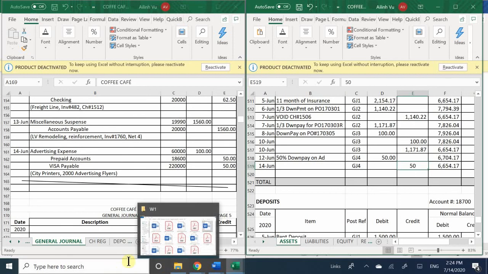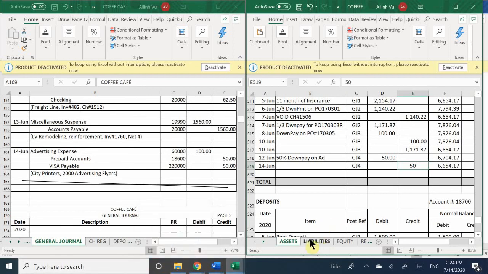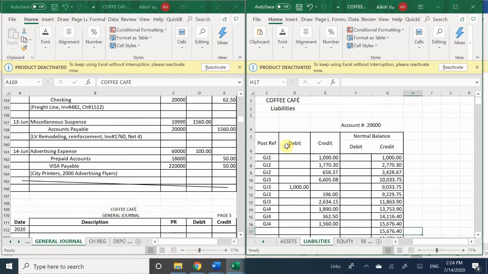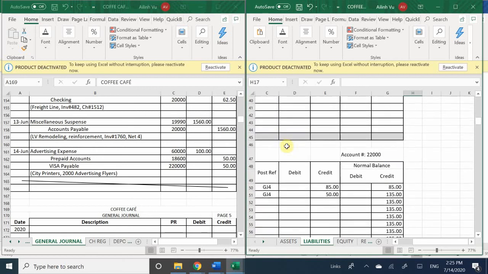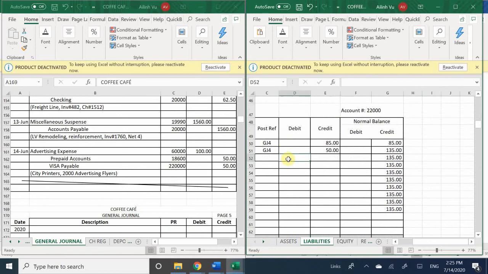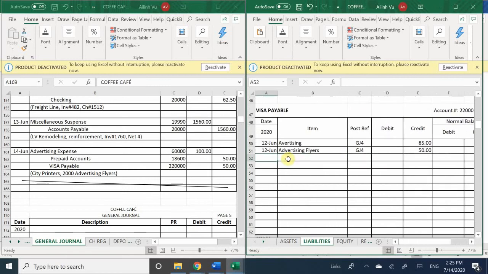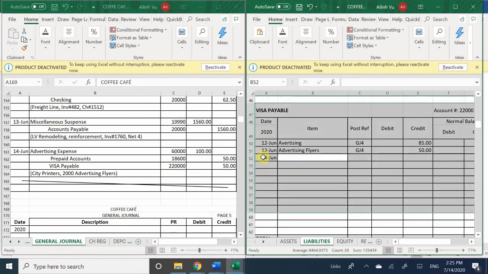My Visa payable. So I'm going to go to my liabilities, and this should be page 18 for you guys. Page 8, did you say? 18. Okay. Yep. Visa payable. Yes, these are updated. Okay. And then I'm going to go ahead and write advertising flyers.